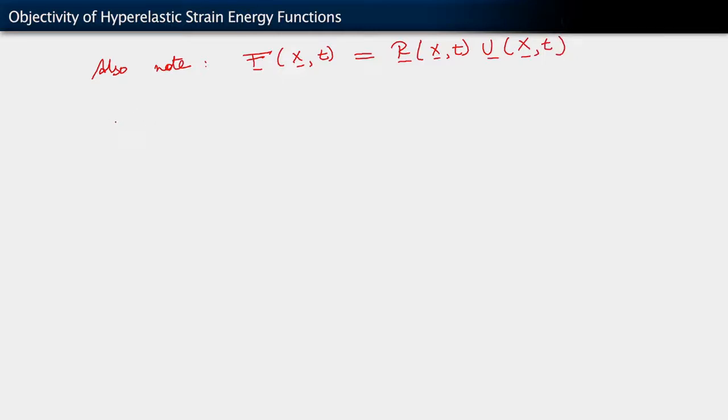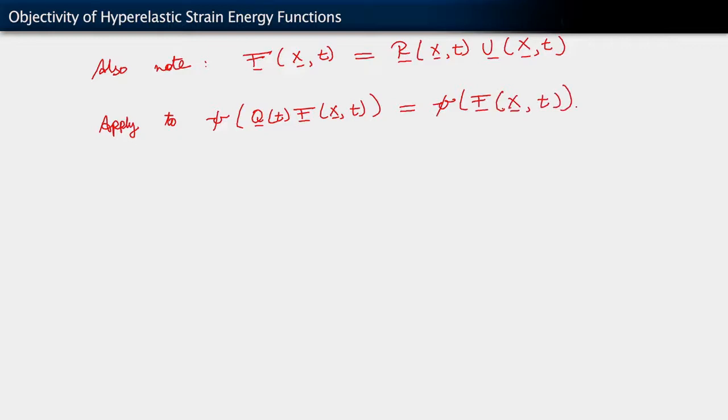Okay, so this is the setting we have. Now let's apply this to the requirement that psi of Q(t) F(x,t) equals psi of F(x,t).